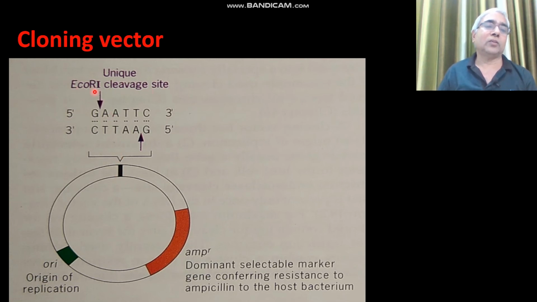For example, here you are seeing EcoR1 cleaves the DNA molecule only when the sequence GAATTC is present. This is essential because only then you can insert your gene of interest, and this vector molecule can be used for cloning of your gene of interest.